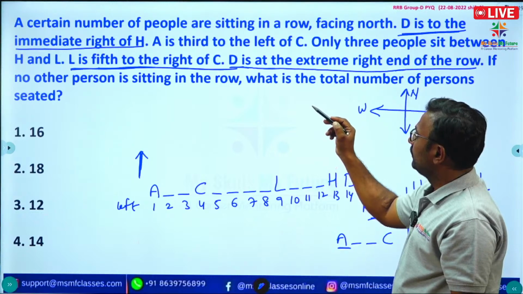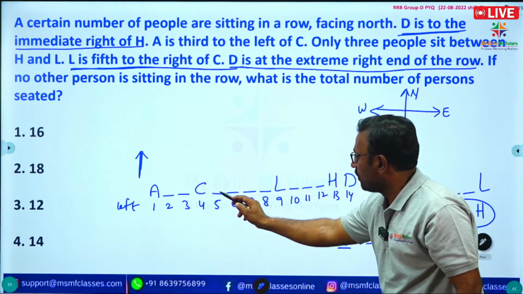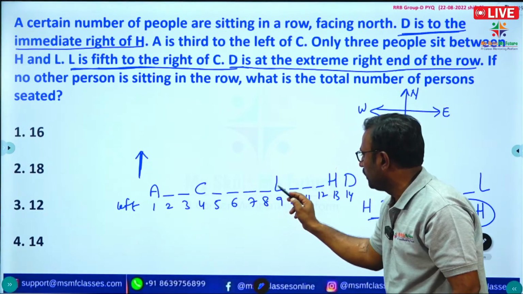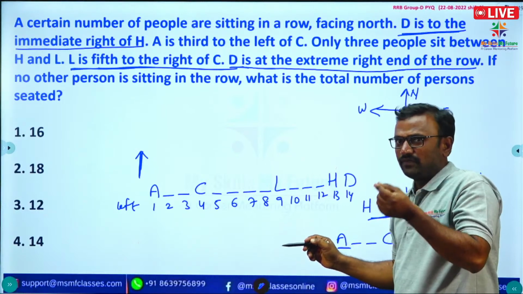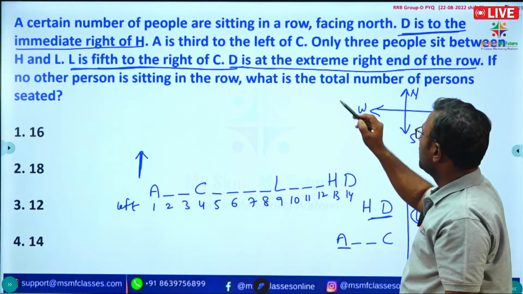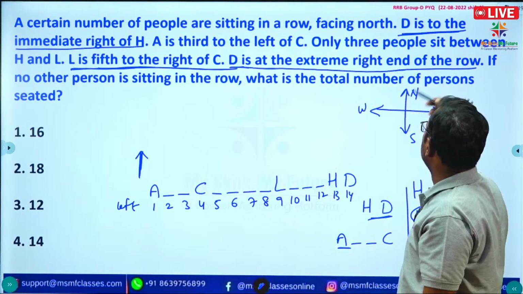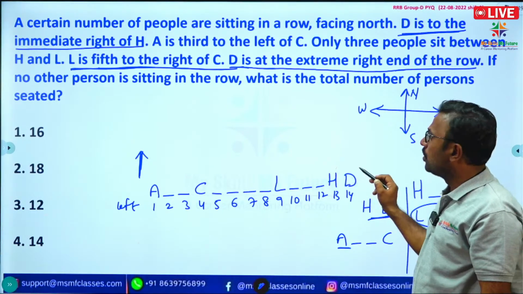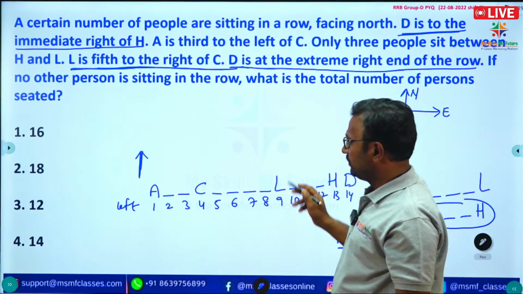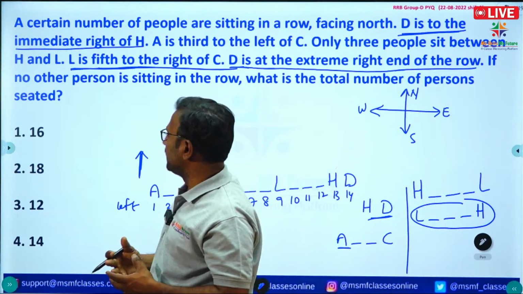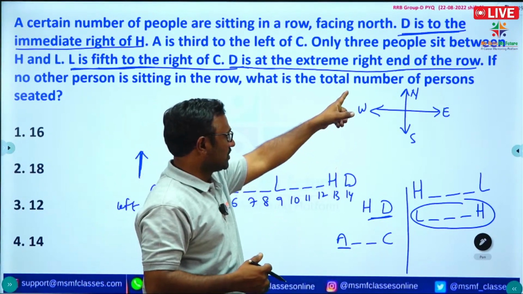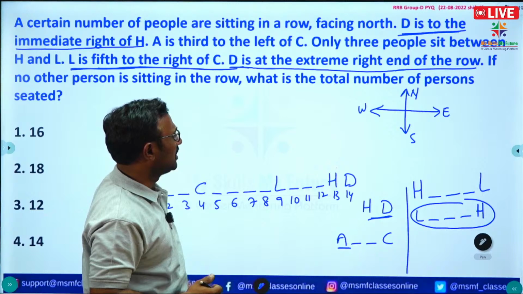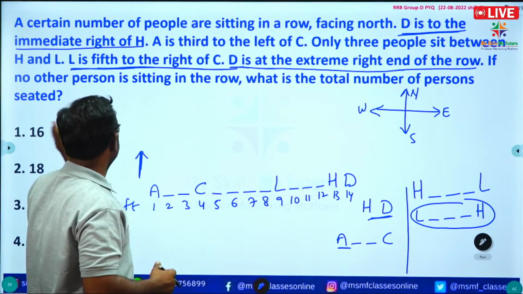L is fifth to the right of C. So 1, 2, 3, 4, 5. D is at the extreme right end of the row. If no other person is sitting in the row, what is the total number of persons seated?